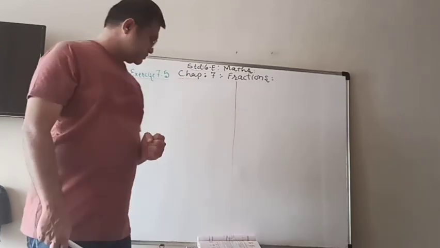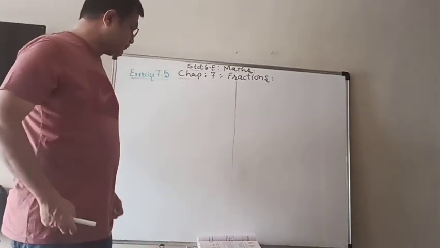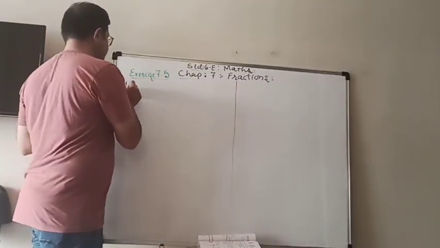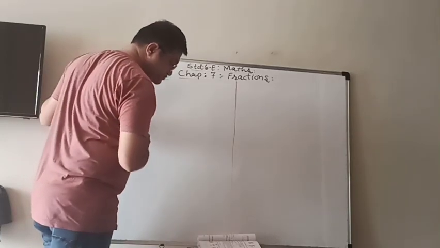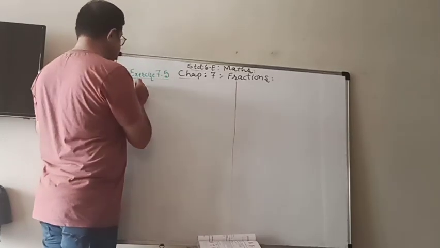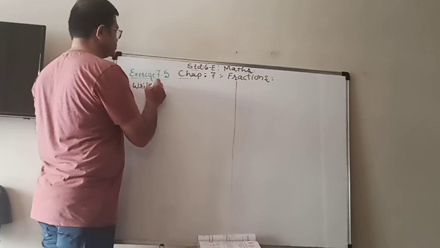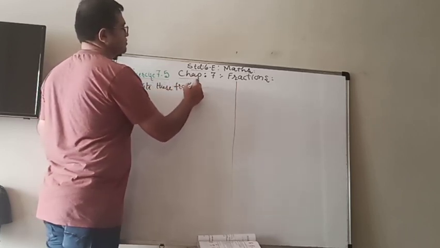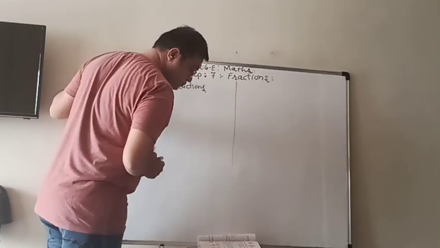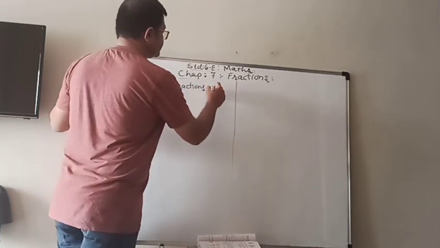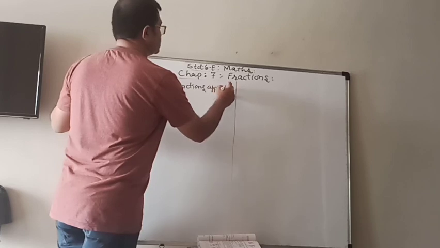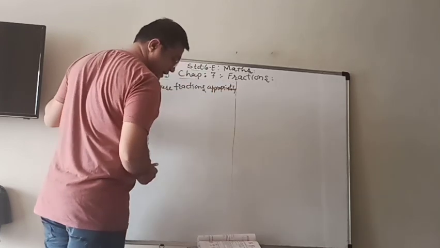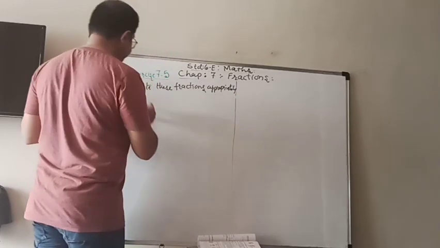Now let us start exercise 7.5. Question number 1. It says to write these fractions appropriately as additions or subtractions.